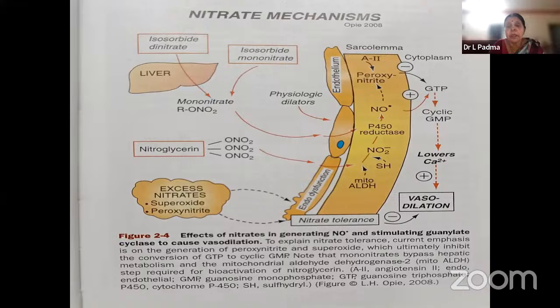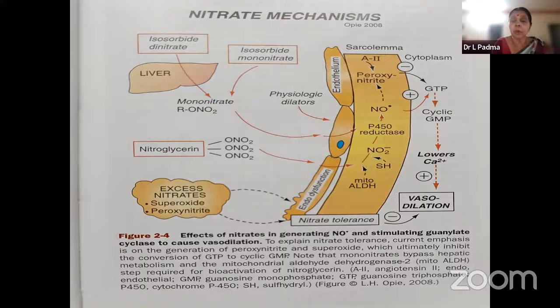The GTP which is formed will get converted to cyclic GMP, which lowers calcium both in the sarcoplasmic reticulum as well as the cytoplasm. Once there is lower calcium, there is always vasodilatation. Calcium is a physiological vasoconstrictor along with alpha in the blood vessels. So once there is lower calcium, there is vasodilatation.